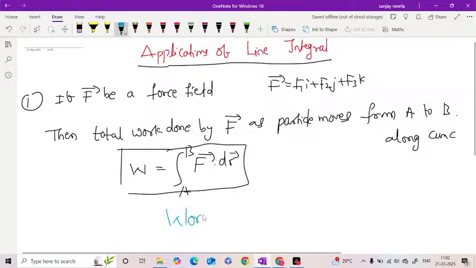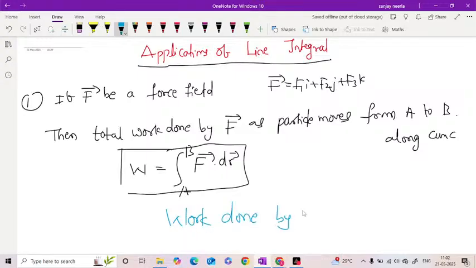So work done by force is a line integral. So W equals integral over C of F dot dr. So this is one of the applications.